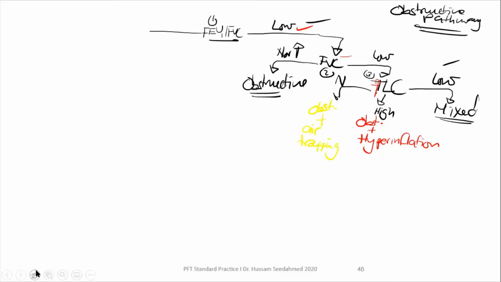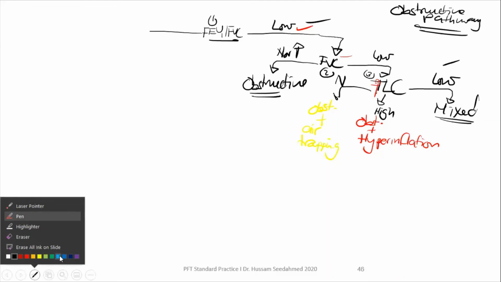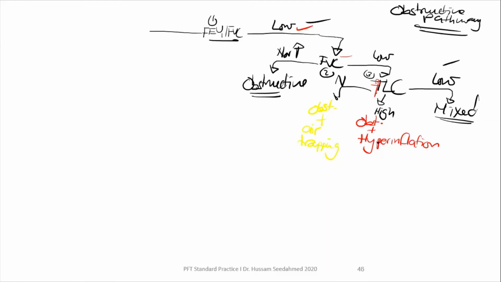طيب هل حجيب على كده اللي what do you need to do next؟ اللي هي قلنا الخطوة الرابعة the fourth step is grading the severity. Grade the severity ومعاها bronchodilator response.